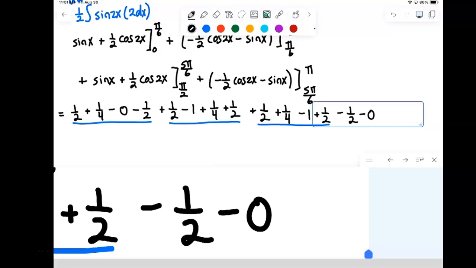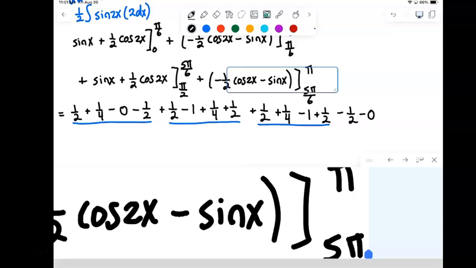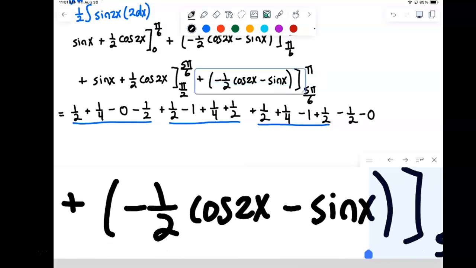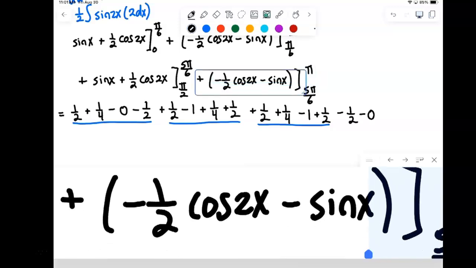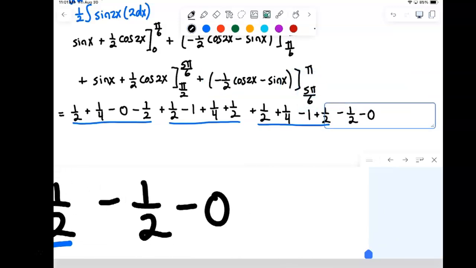Either one's fine. And then we plug in the 5 pi over 6 stuff. Again, cosine of twice that will be 5 pi over 3. It's in the fourth quadrant with a pi over 3 reference angle, so that will be 1/2. Times the negative 1/2 would make it negative 1/4, but it's the second part of the integral, so it's being subtracted. So that will actually be plus 1/4.